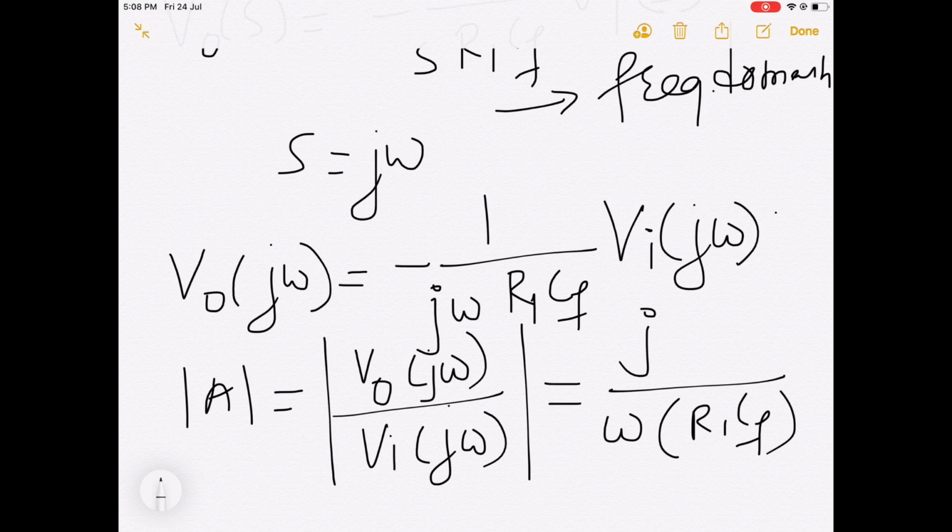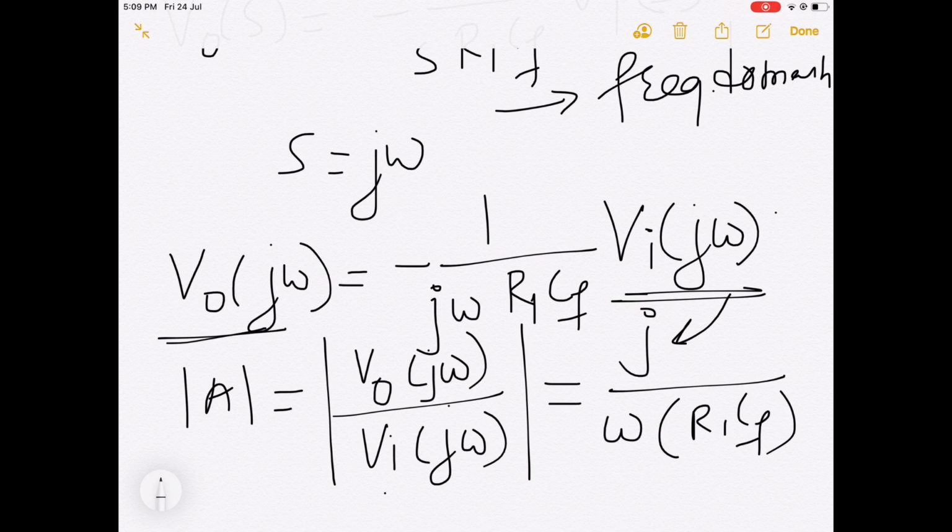For calculation of gain, we have these two values, Vo of j omega divided by Vi of j omega, equal to minus 1 upon j omega R1 Cf, and minus 1 upon j is nothing but j divided by omega R1 Cf.